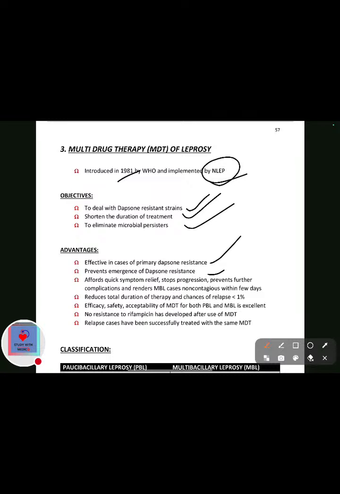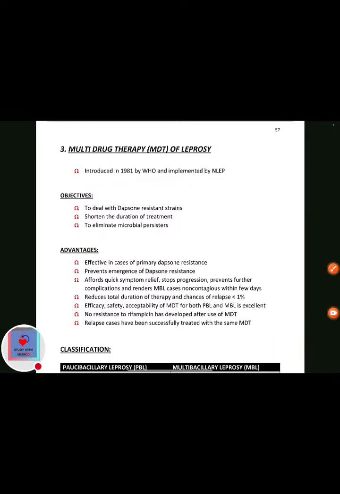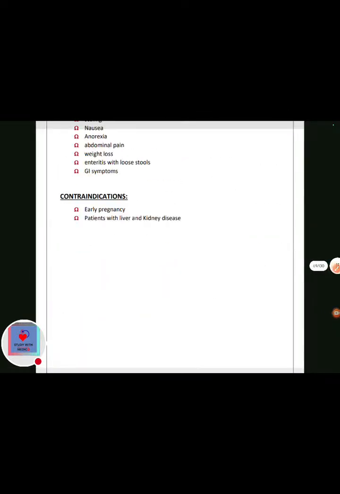Efficacy, safety, and acceptability of MDT for both paucibacillary and multibacillary leprosy is excellent. No resistance to rifampicin after use of MDT. Relapse cases have been successfully treated with the same multi-drug therapy. So these are the very important advantages.